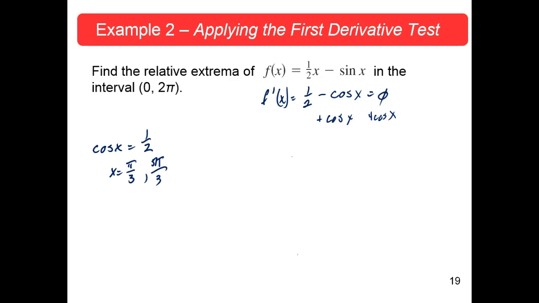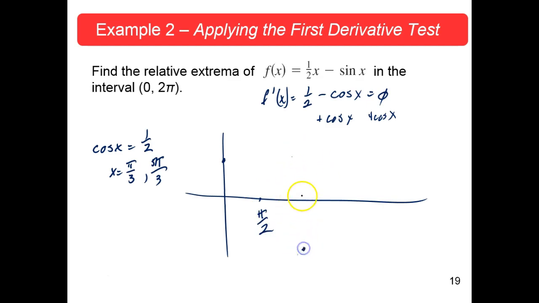So now what we have to do is split this interval, and I'm going to draw it this way this time. Cosine is 1 at 0, is 0 at pi halves, is negative 1 at pi, is 0 at 3 halves pi, and back at 1 at 2 pi. Now, we're not counting 0 or 2 pi.